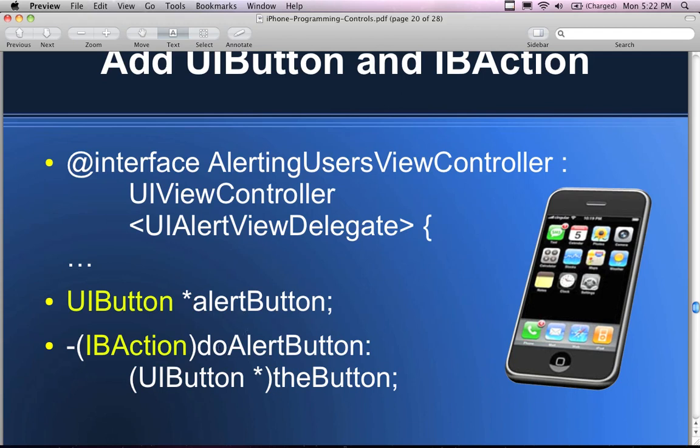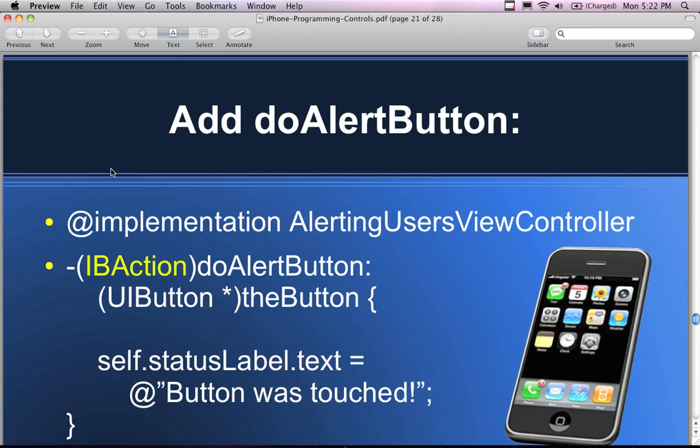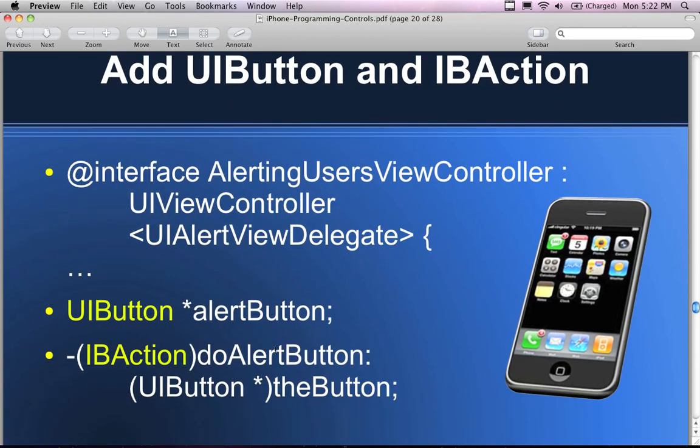And then we simply do the doAlertButton, or from the UIButton, and once it gets it, process the information that occurs from the message that's received from the button and process the correct action associated with it. So adding the doAlertButton, which is what we specified here. This is the doAlertButton that's going to be part of the IBAction.